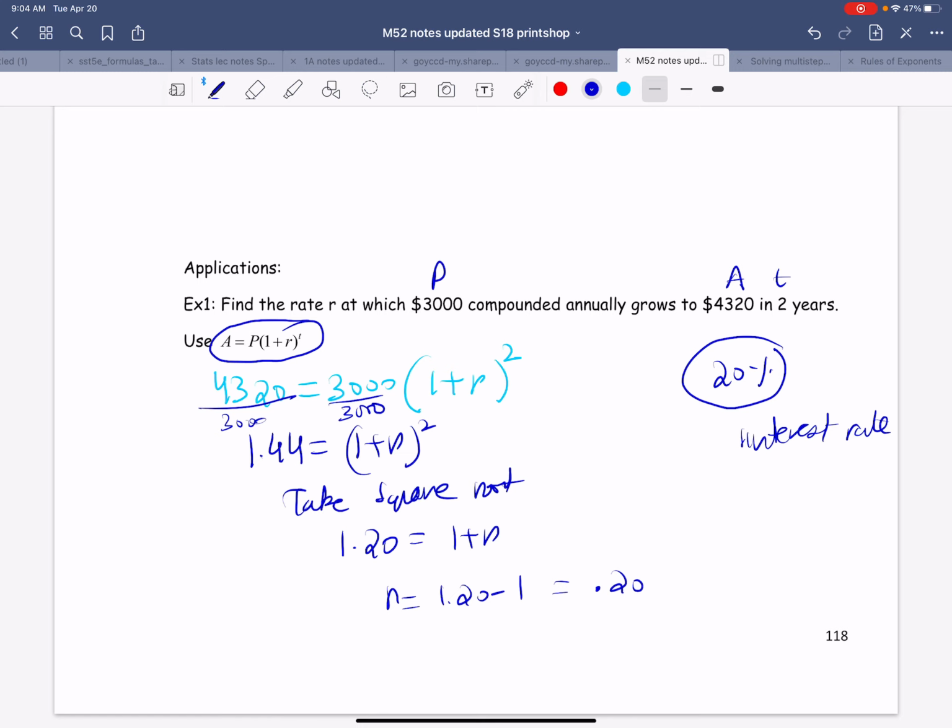If you want to check whether your answer is correct or not, you can always plug it back into the original equation on the right hand side. So 3000 times 1 plus 0.20 raised to the power 2. Go ahead and figure what that turns out to be. That is equal to 4320. So that is correct. Okay.